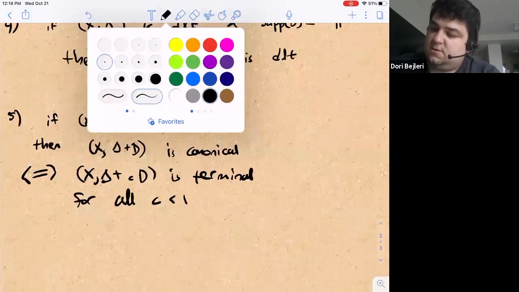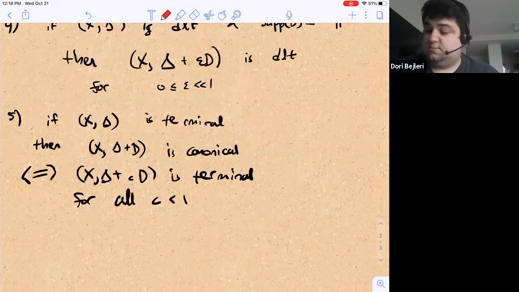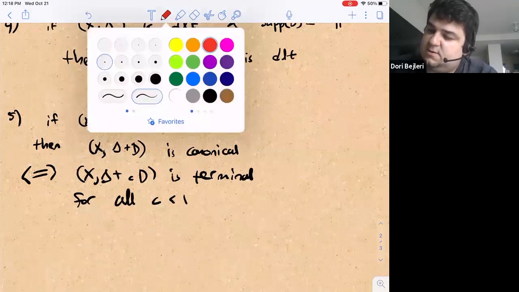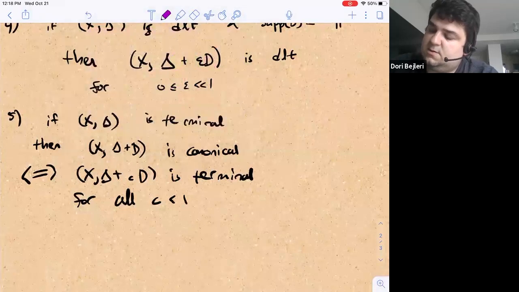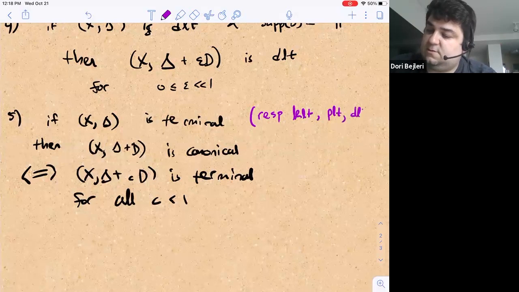Let me modify this for the log case. So in the log case, if we assume that the pair is KLT, PLT, or DLT, then (X, Δ + D) is log canonical.